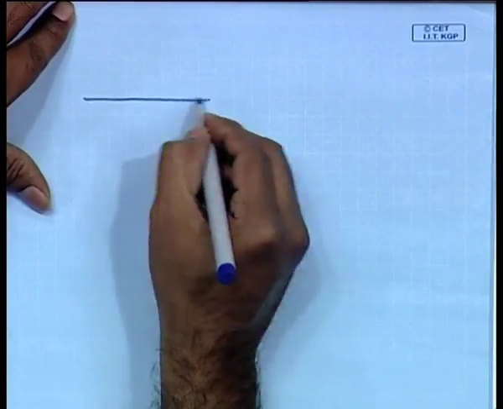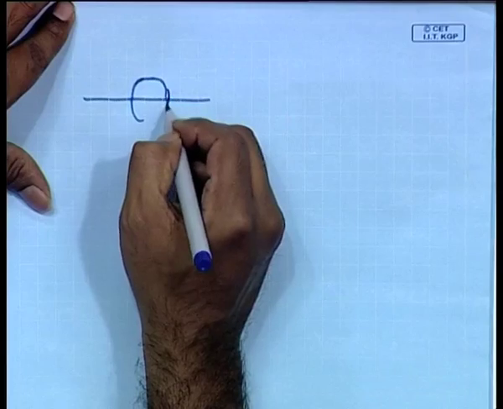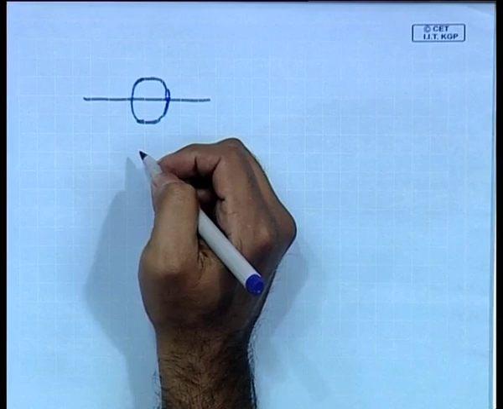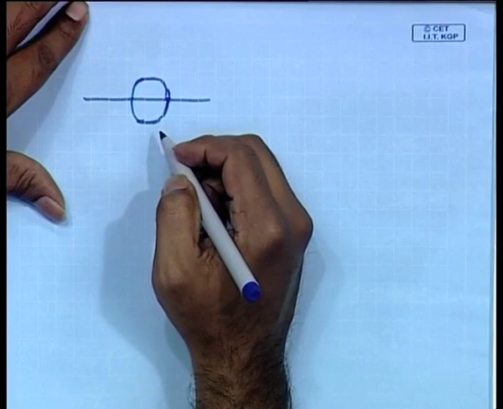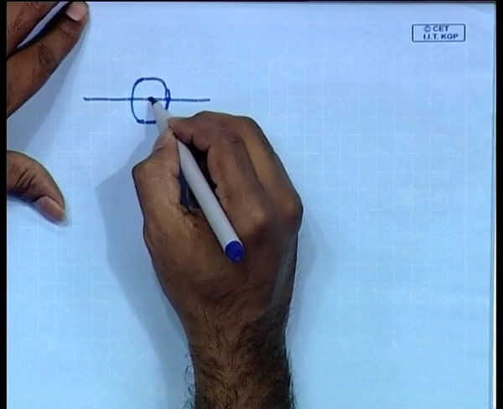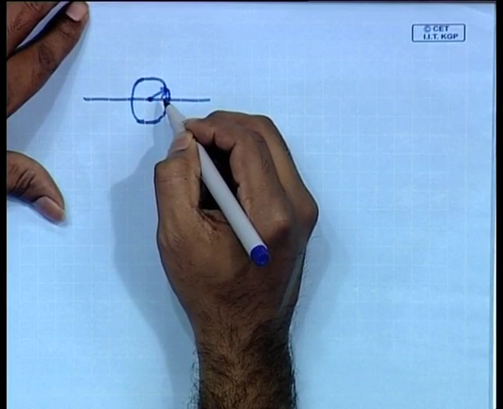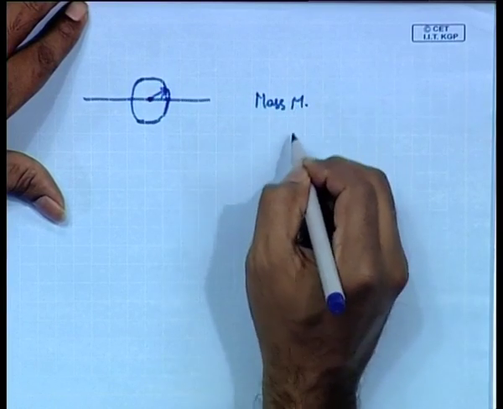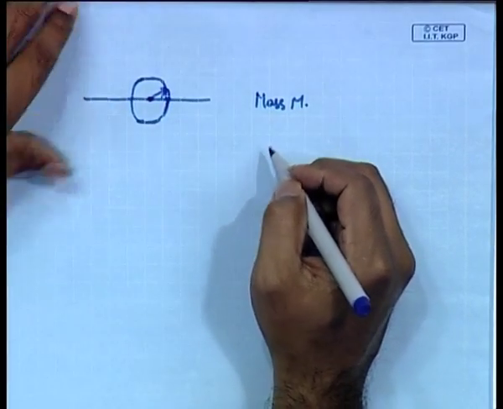For instance, suppose there is a buoy. The problem is as follows: there is a buoy of mass M, and it is a hollow sphere.